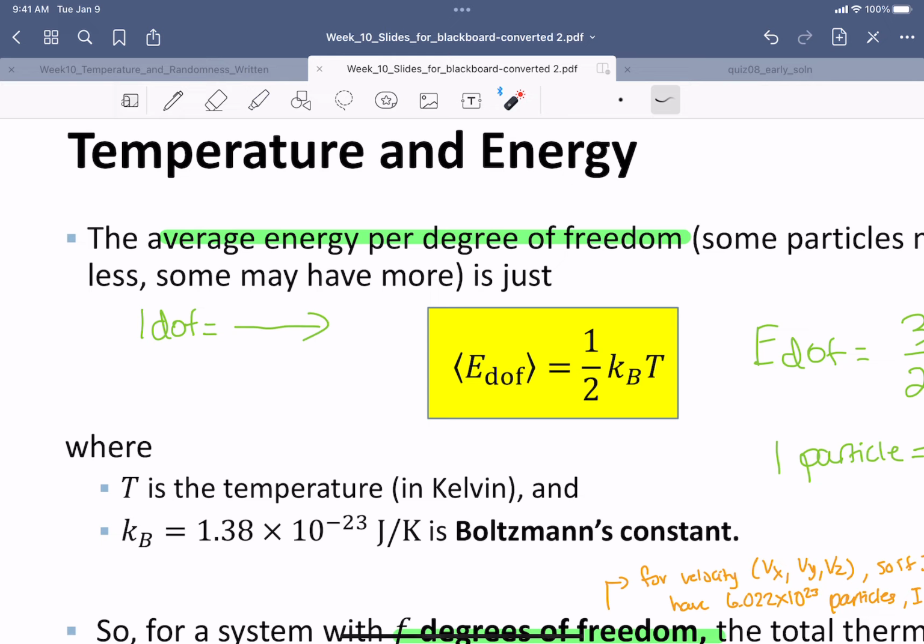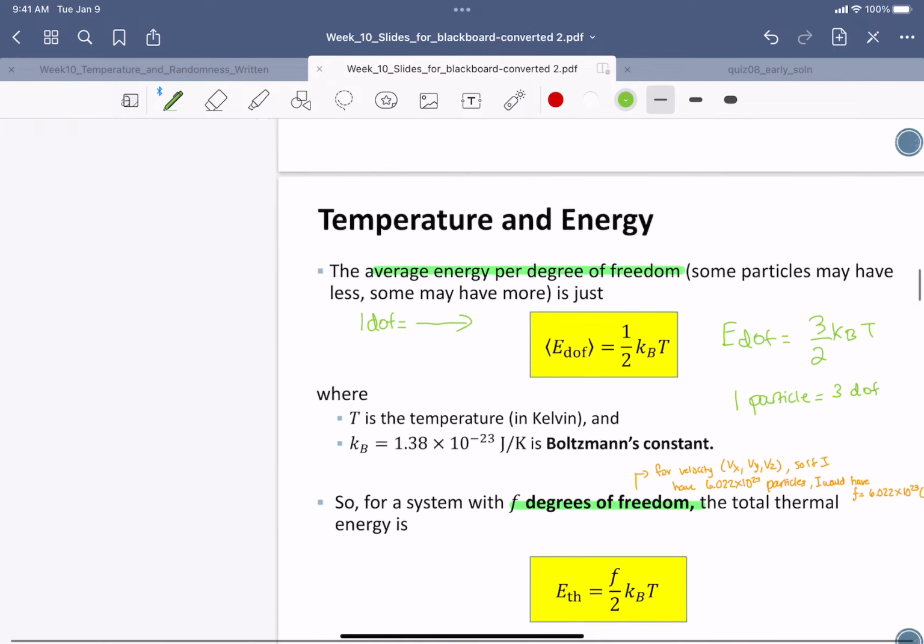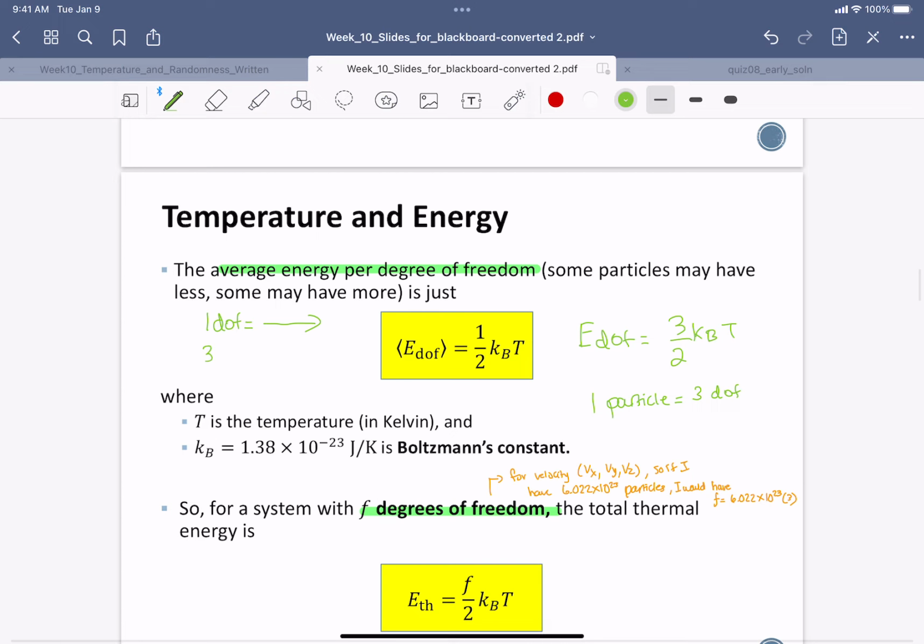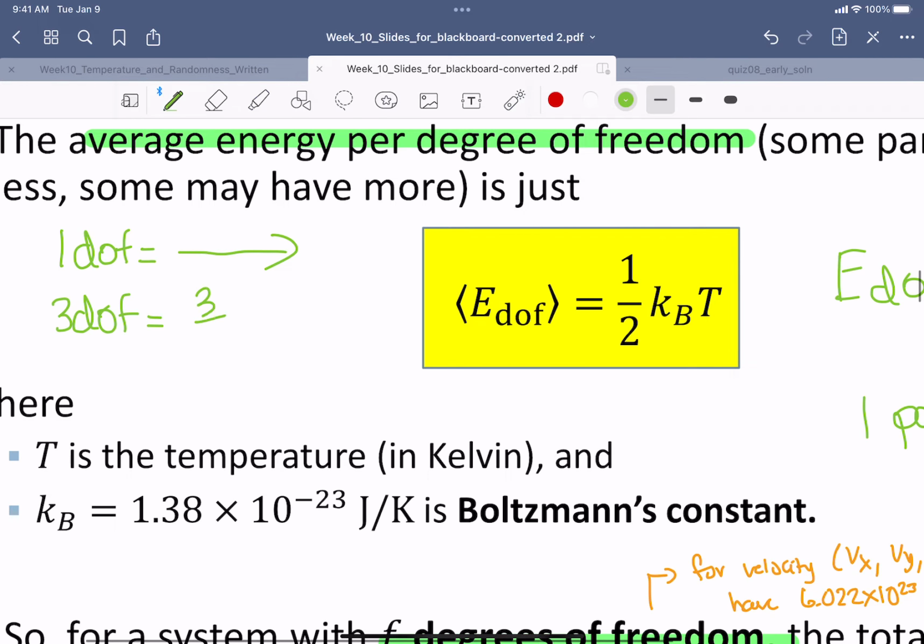Now, if I'm looking for a particle with 3 degrees of freedom, so the average energy of a particle, since a particle has 3 degrees of freedom, that can move in Vx, Vy, and Vz, the average energy in that case would equal 3/2 kBT.